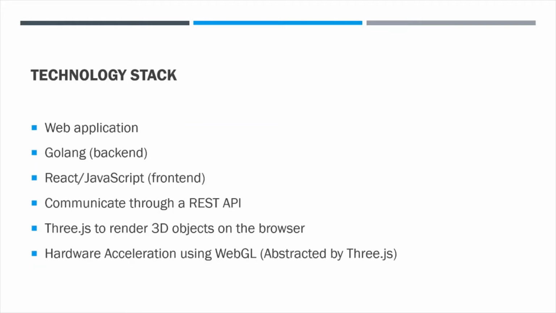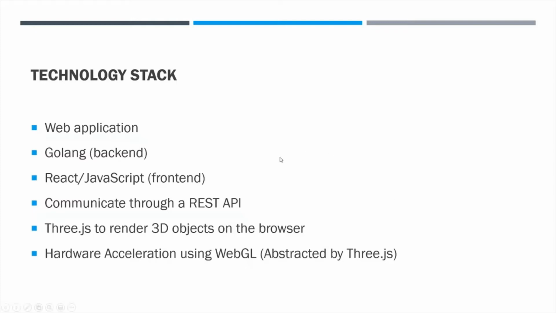So I researched and found an alternative library, which is Three.js. It allows me to manipulate 3D objects natively in JavaScript. It uses WebGL under the hood, which makes it fast because it uses the 3D accelerated GPU.